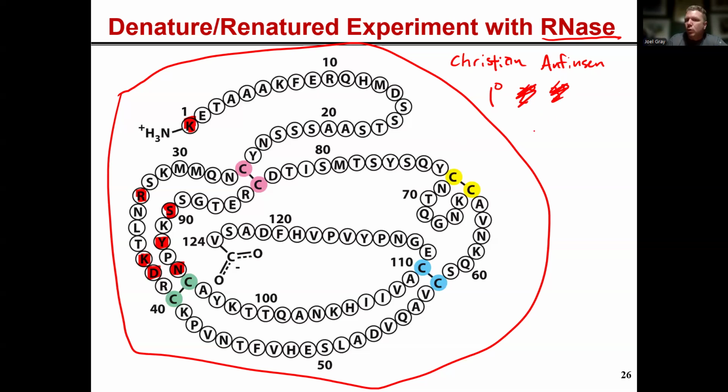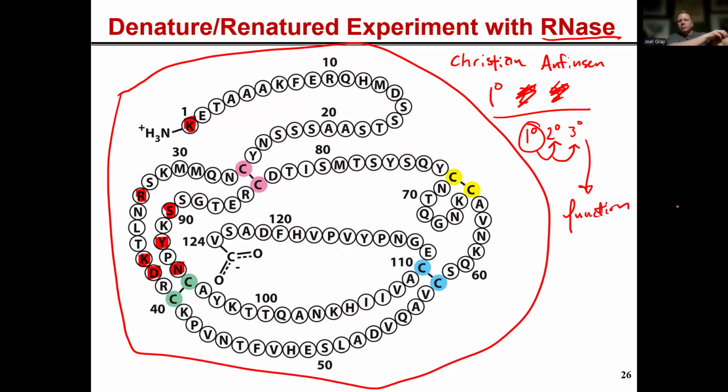But then whenever you remove the urea and the DTT, the primary structure remains, your secondary structure recovers, and your tertiary structure recovers. So essentially what that means was that everything in the primary structure was adequate to recover your secondary and tertiary structure and then ultimately your function.